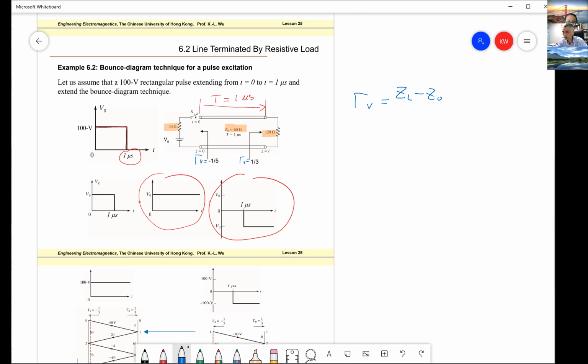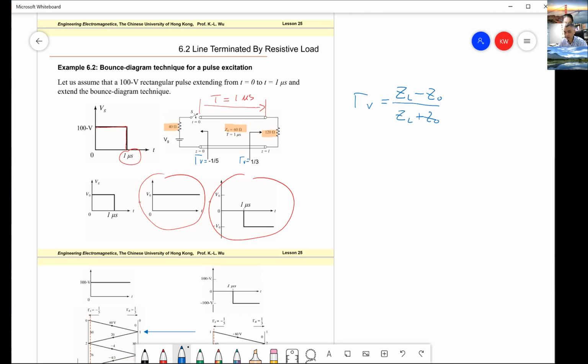So we must have something to subtract ourselves, to compare to ourselves. We use the load, what you see, compare to ourselves, and divide by the summation of the two.